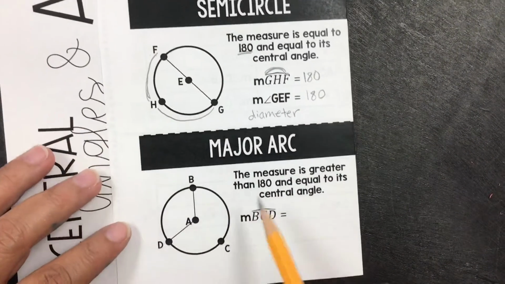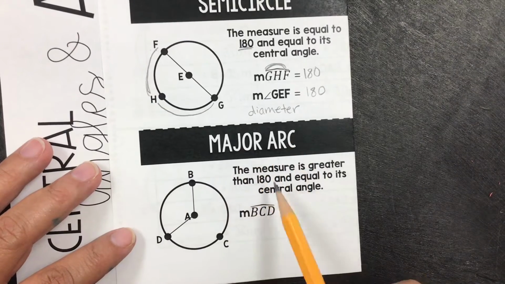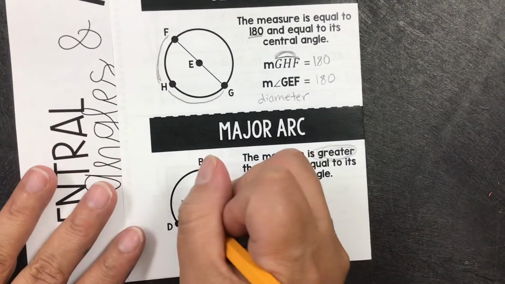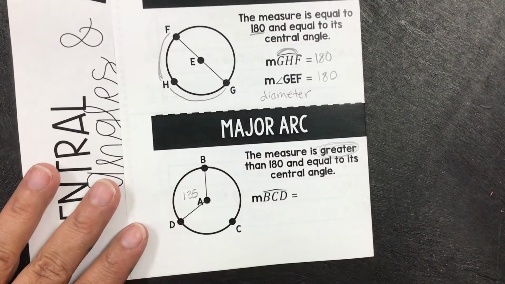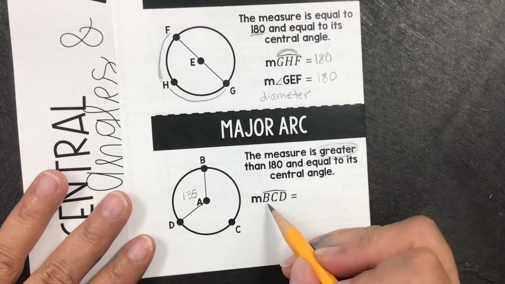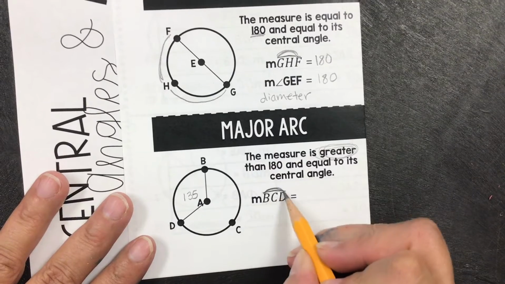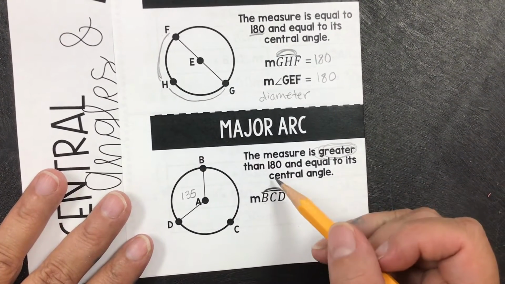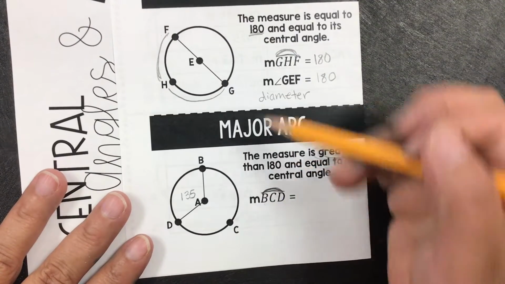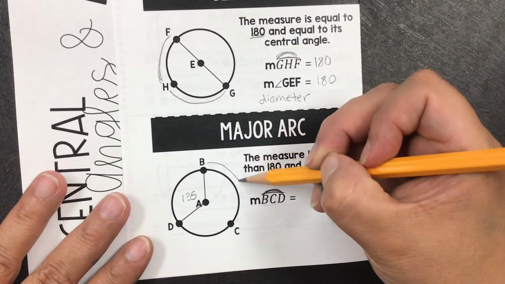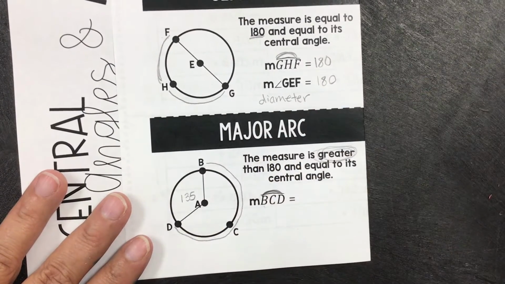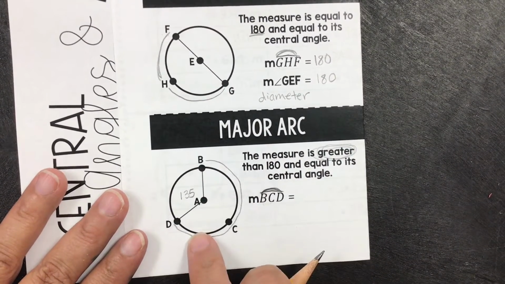On the major arc, it's more than 180 degrees. So for example, if this one was 135, how do we get the major arc? Remember, the notation is really a little arc, just that my font looks a little different here. We go in the order of the letters, so B, C, D. And that would be that arc measure right here.